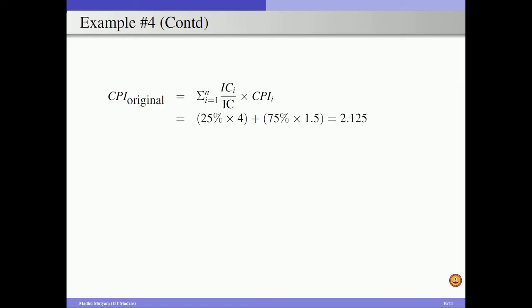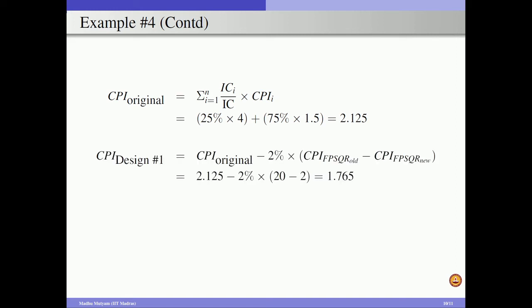That is effectively 2.125. And for design 1, we say that we can go for optimizing floating point square root operations so that it reduces the CPI from 20 to 2. So the CPI of design 1 is equal to 1.765.